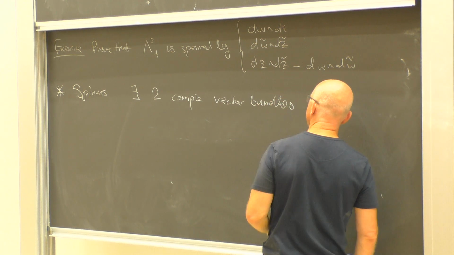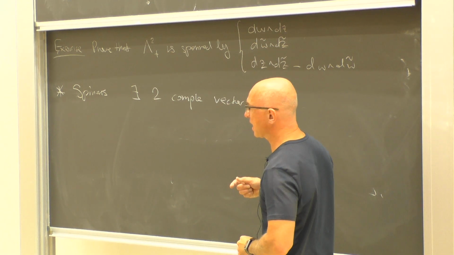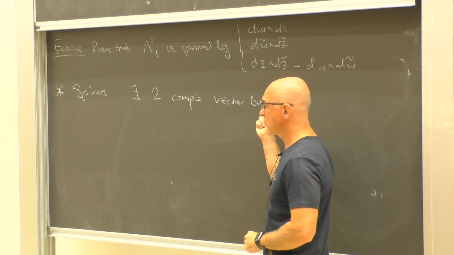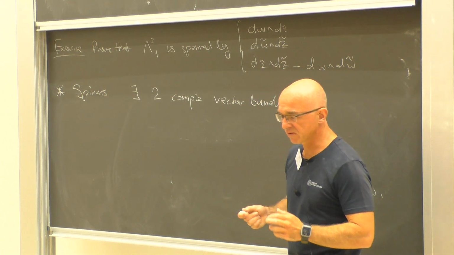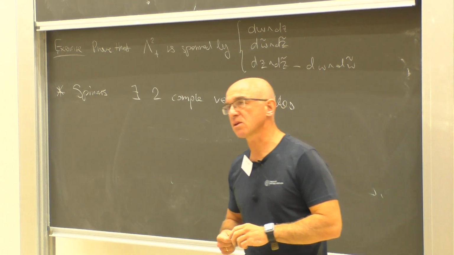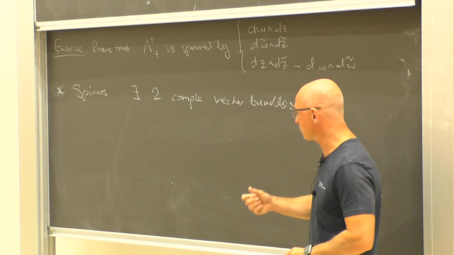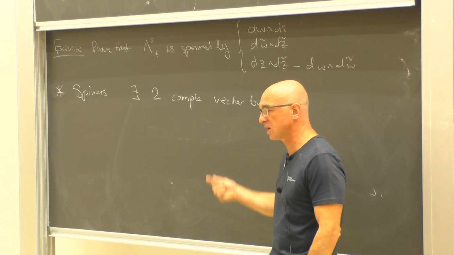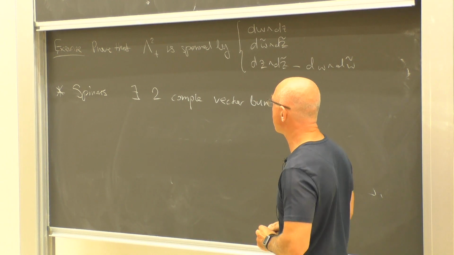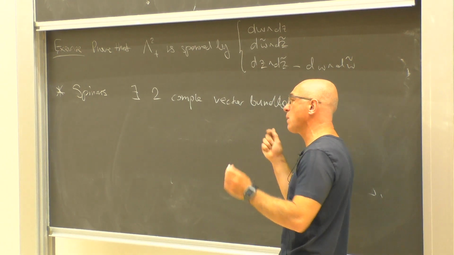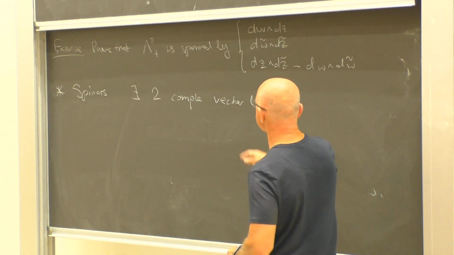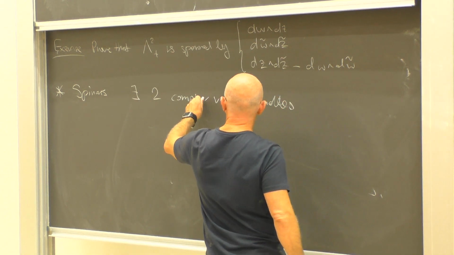I'll talk about bundles systematically a bit later. If you don't know what that means, a vector bundle is an assignment, in this case, of a complex vector space of dimension 2. So I'm going to assign C2 to any point of my Minkowski space in a way which satisfies lots of axioms. But there are two complex vector bundles.